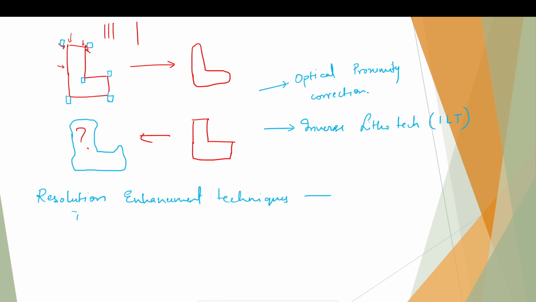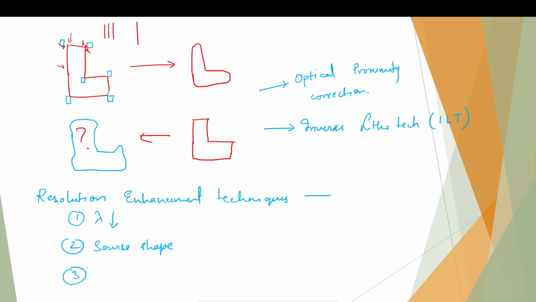So first thing is obviously reducing lambda. Another thing is changing the source shape. By changing the source shape we can change how the light diffracts and everything. And yeah, we'll do a problem on this, then it will be clear how this helps.